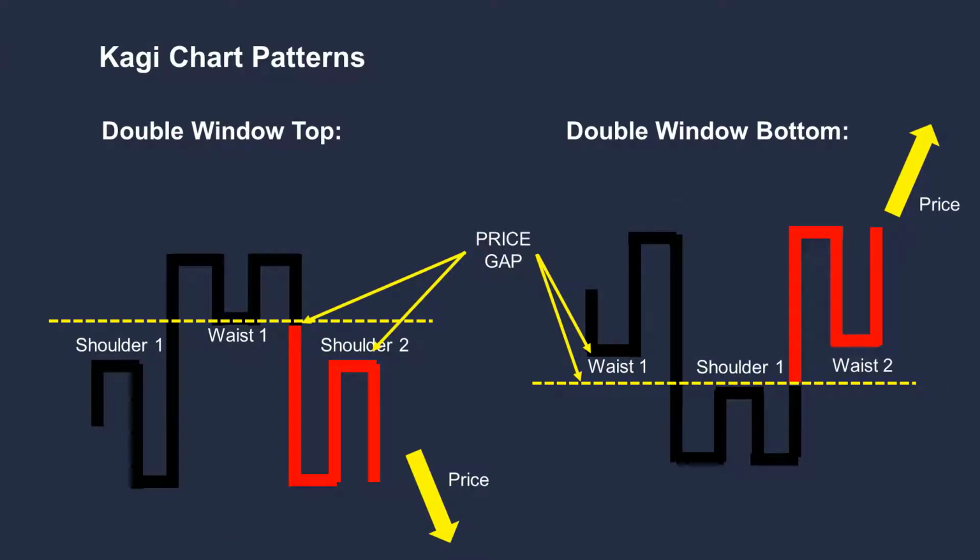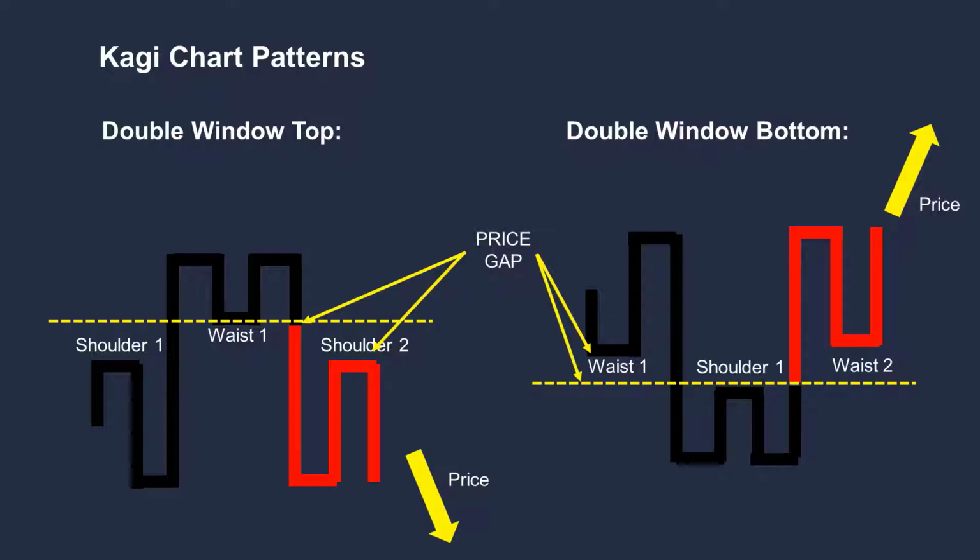So on the left side we have a double window top, so the price has basically been coming upwards. We've been in an uptrend. We get that double top look, and we have a waist line in the middle, and we have 2 shoulders to it, shoulder 1 and shoulder 2.